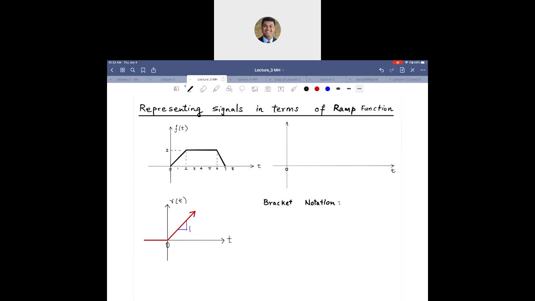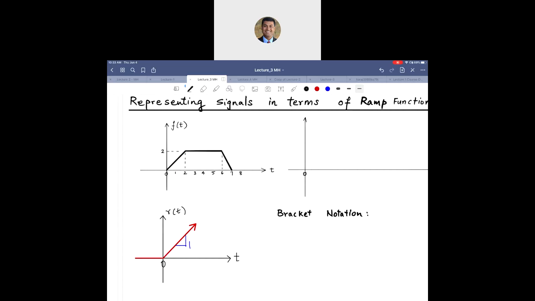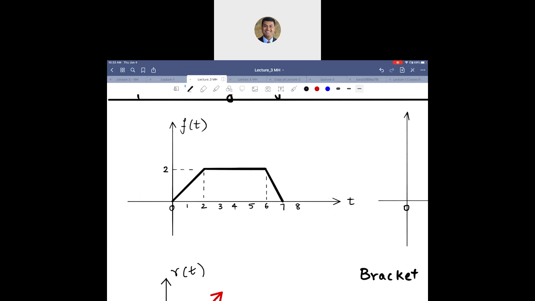Now our goal is to represent this arbitrary signal. It is a trapezoid looking waveform that is 0 for time less than 0. It is linearly increasing with a slope of 1. Let me highlight that slope of 1 there.